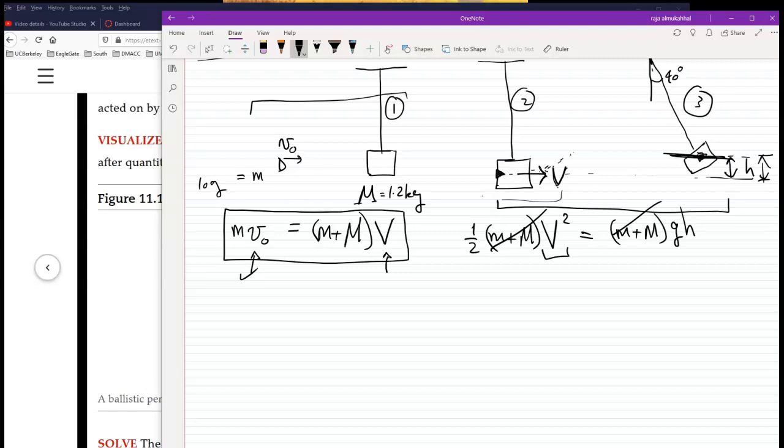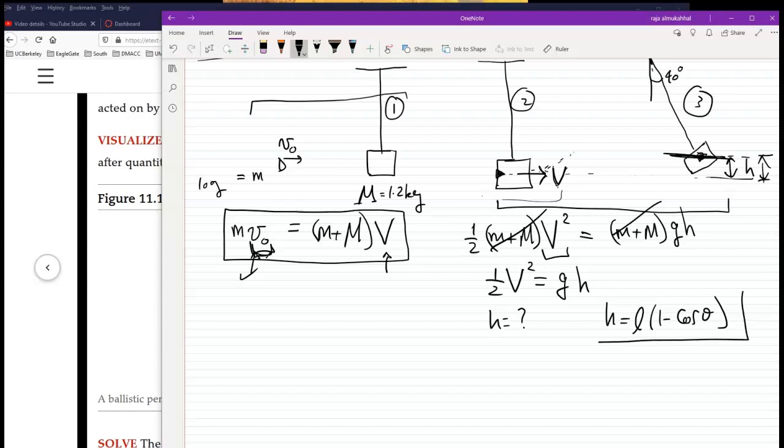Remember, I'm not interested in this big V. I'm interested in this V right here. So I need to eliminate it somehow. But before I do that, watch: 1/2 big V squared equals g H. What is H? H is the height. I showed you in the last video how to find the height reached by the pendulum, and I'm not going to derive it again. Go back to the video and you will see that H is equal to L (1 minus cosine theta).